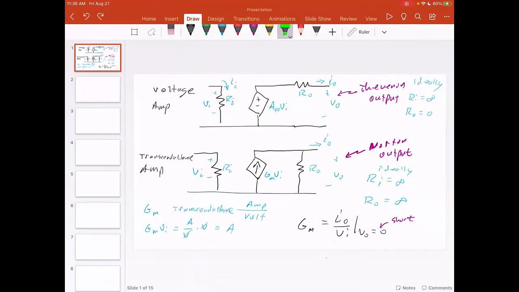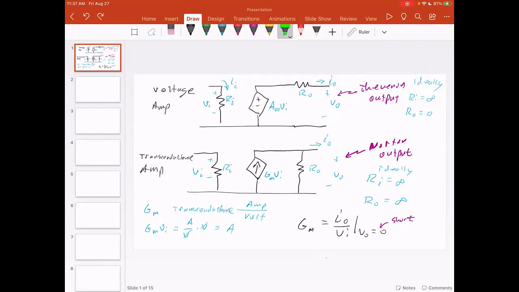So you might say, what use is this kind of amplifier? Well, in fact, a transconductance amplifier is what a transistor is. A MOSFET transistor is a transconductance amplifier in the configuration that we almost always use it. We have an input voltage, and a MOSFET natively produces current.